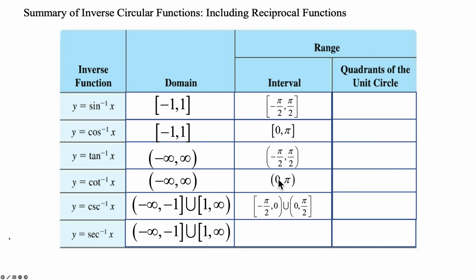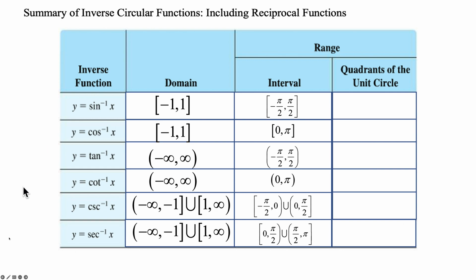Cotangent, inverse cotangent, starts at 0, ends at pi. Same with secant, start at 0, end at pi, but we have an asymptote line cutting it in half. Inverse cosecant and inverse secant are the only ranges that get cut in half because that vertical asymptote is now turning into a horizontal asymptote.